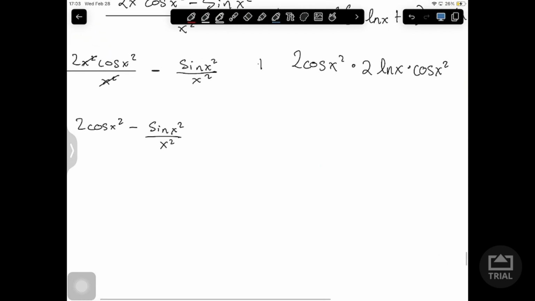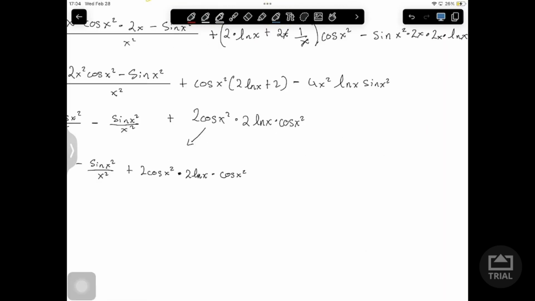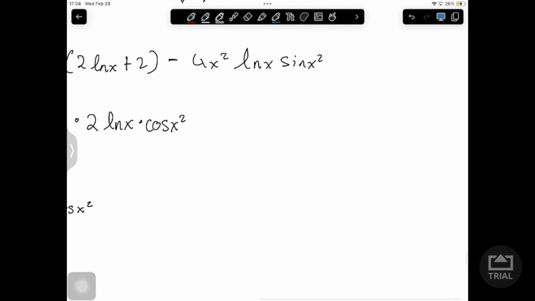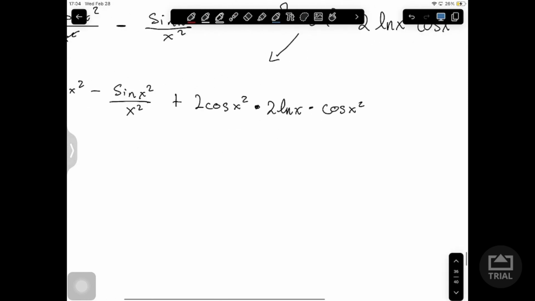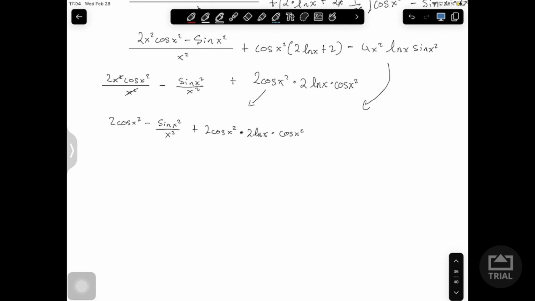And I'm going to move this portion down, which is plus 2 cosine x squared times 2 natural log of x times cosine x squared. Now with this last portion, we just keep it like that. So what we can do now is bring that over, which is going to be negative 4x squared natural log of x sine x squared.